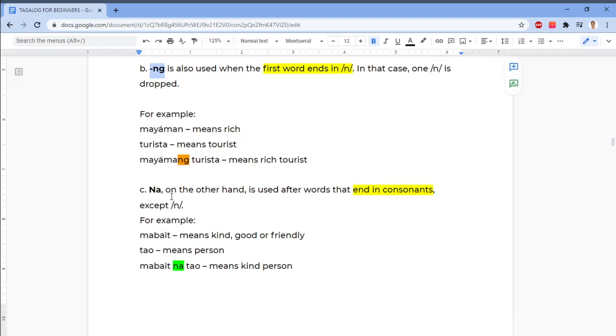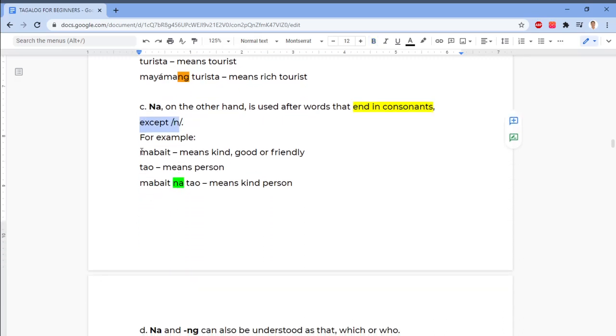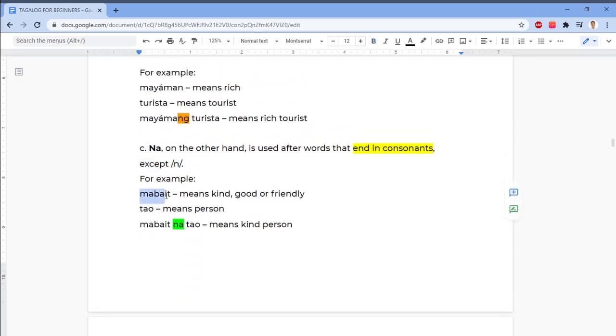So you only add na if the word ends in a consonant other than n. For example, we have mabait, which means kind, good, or friendly.